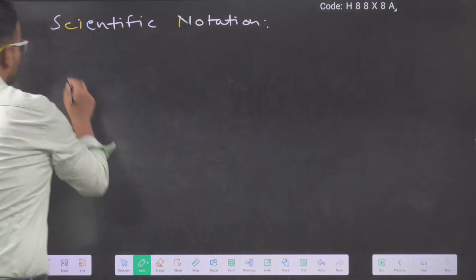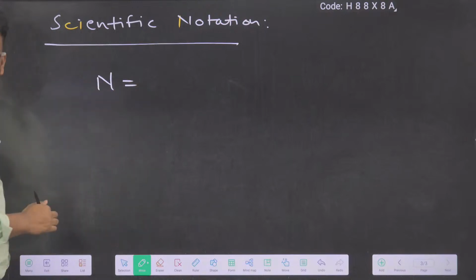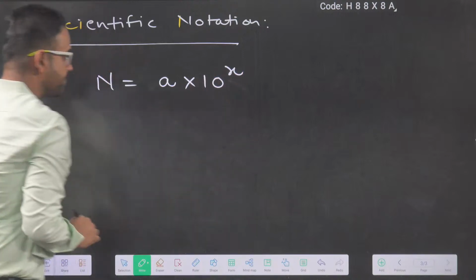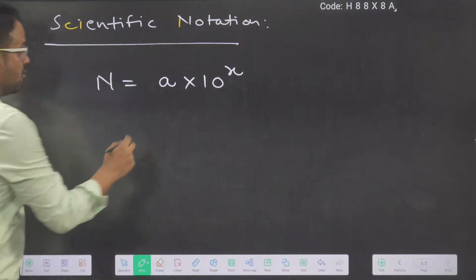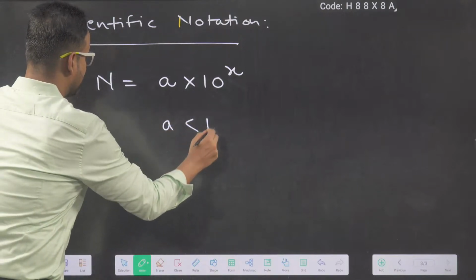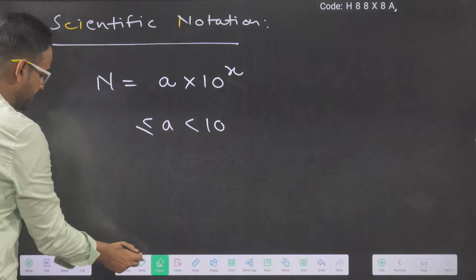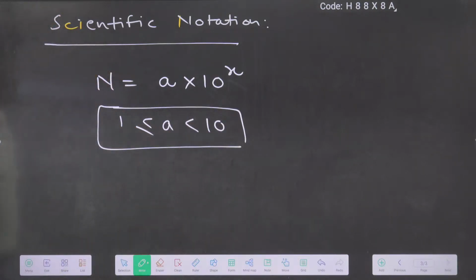Any number in this world can be written in the form of a into 10 to the power x, where this a is greater than or equal to 1 and less than 10.